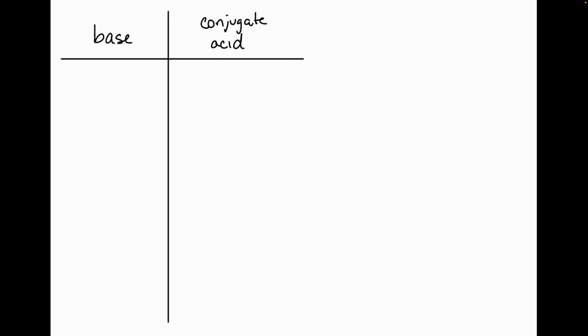Let me write this a little bit differently. And that got converted into its conjugate acid, water. All right, so what did we do to our formula here? The base accepts that proton, so we're going to increase our number of hydrogens by 1.